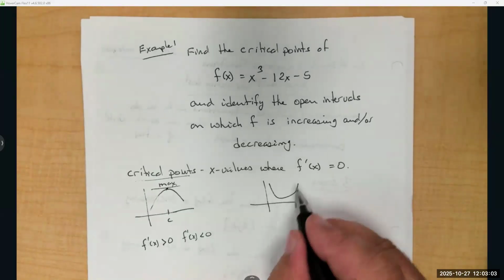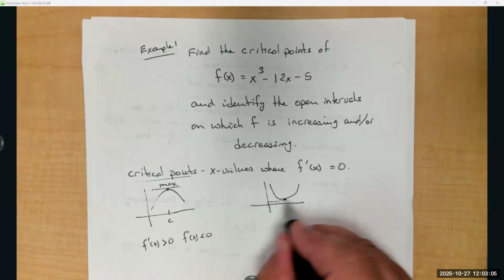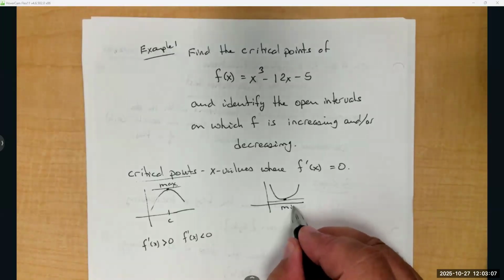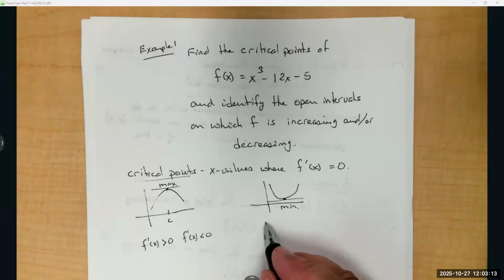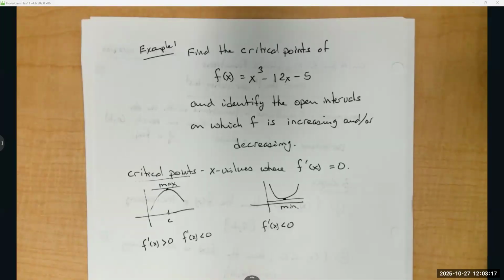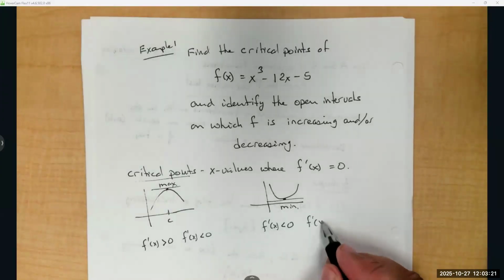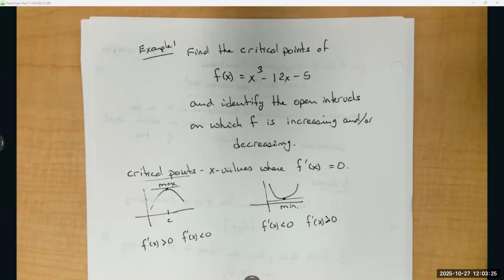Conversely, if you have a minimum, then to the left of that point, the derivative must be negative, and on the right, the derivative must be positive. Remember, derivative is slope.